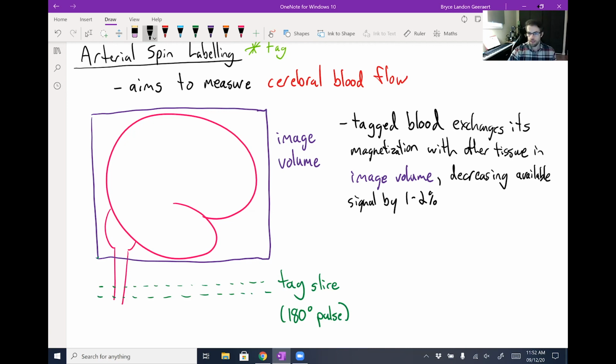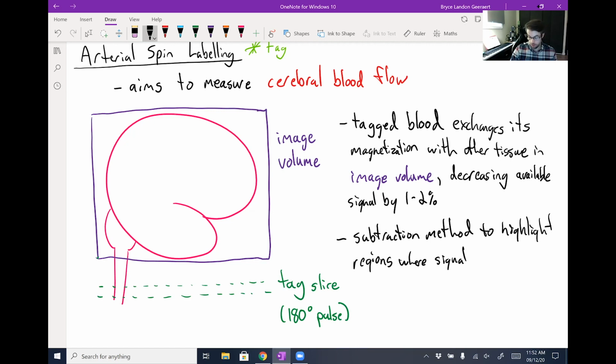And then once again, we are using the subtraction method to highlight regions where signal has decreased. So that signal decrease is a marker of increased blood flow or increased perfusion to that area, implying increased perfusion.